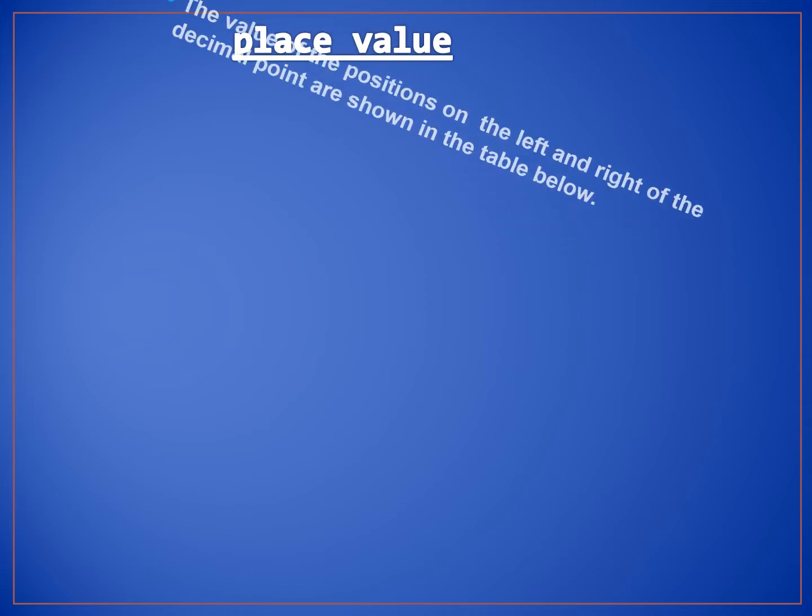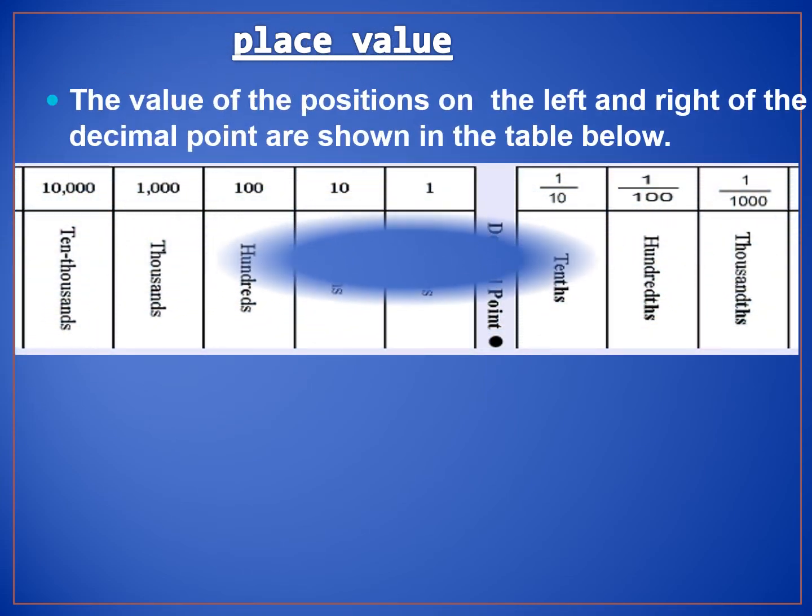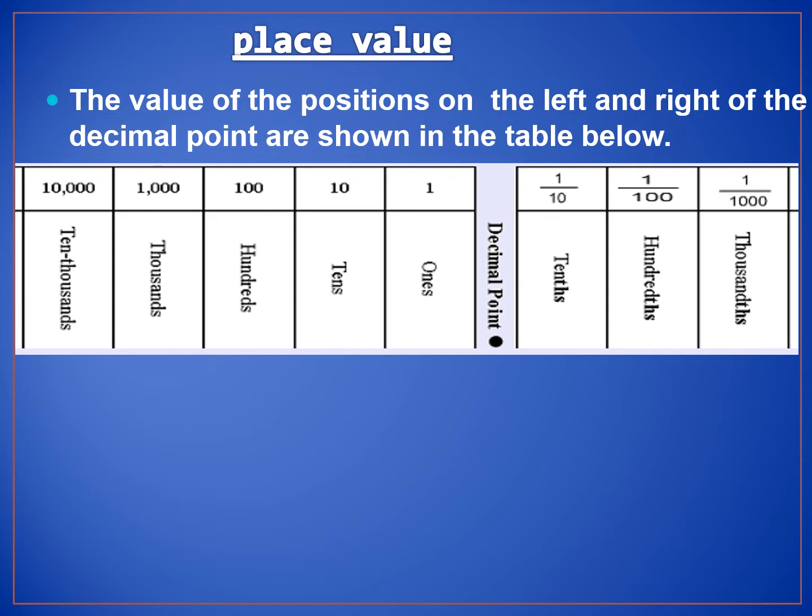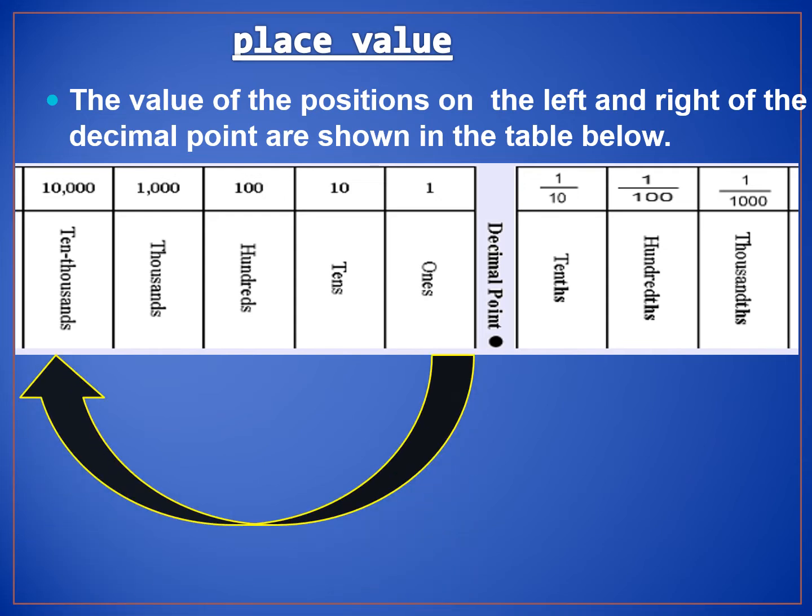Of course, this table, guys, shows the place value of the decimal number, which has three parts, as I said to you before: the whole part and the decimal part and the decimal point. Of course, the decimal point is the black point here, and what is on the left of that decimal point will be called the whole part.